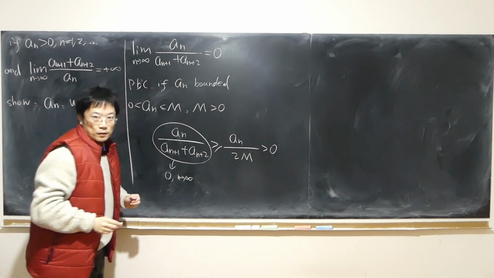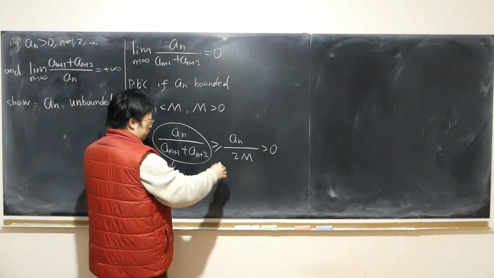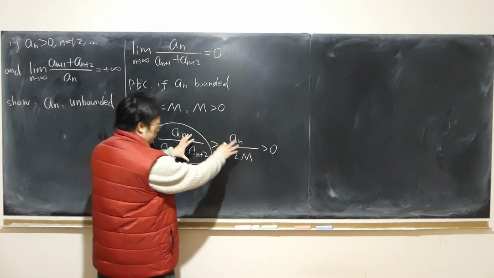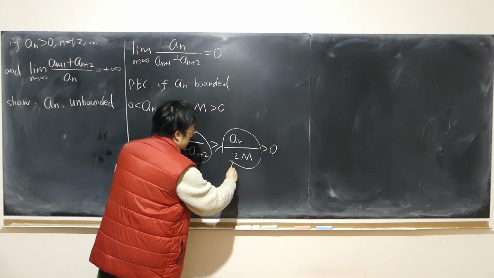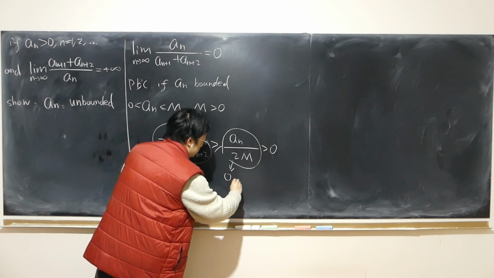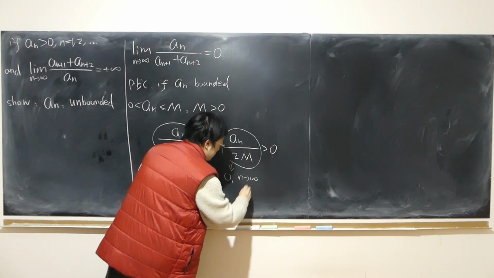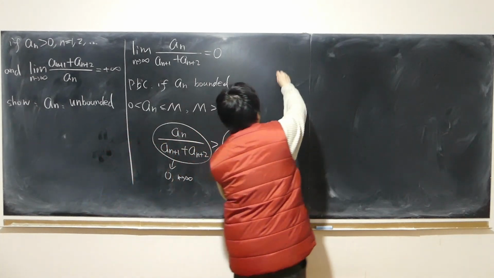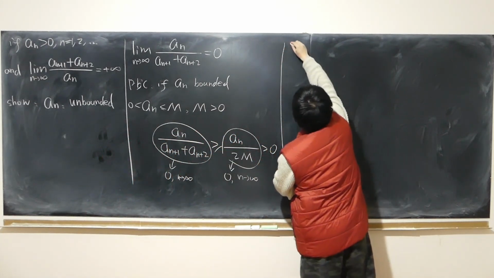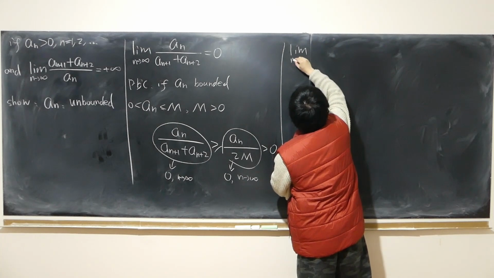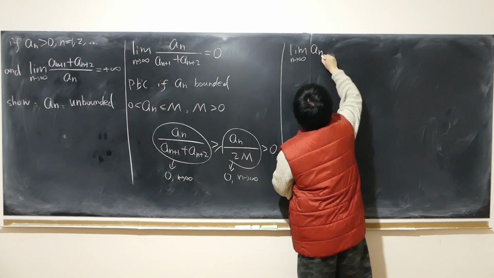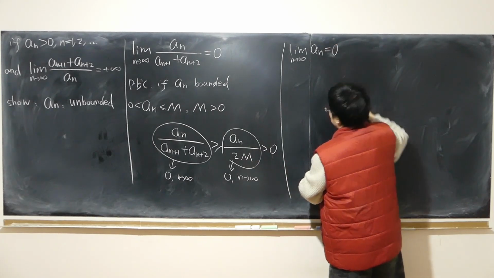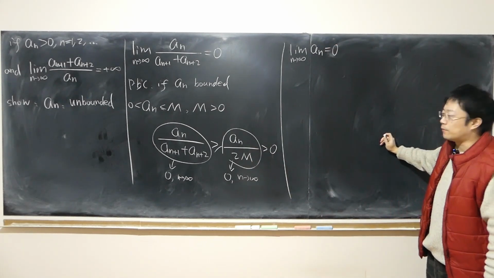We immediately use the squeeze theorem. This is squeezed by 0, so this middle has to tend towards 0 as well. But 2m is a fixed positive, so I immediately have the limit of a_n is obviously also 0.